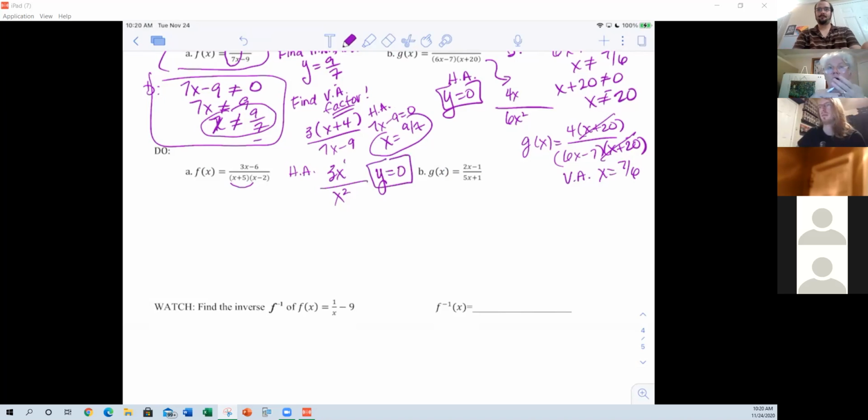So remember the rules: if the degree in the numerator is bigger than the degree in the denominator, then there is no horizontal asymptote. If the degree in the numerator and the degree in the denominator are equal to each other, then you just take that ratio. And if the degree in the numerator is less than the degree in the denominator, then the horizontal asymptote is y equals 0. To find the domain, we always just set the factors in the denominator not equal to 0.